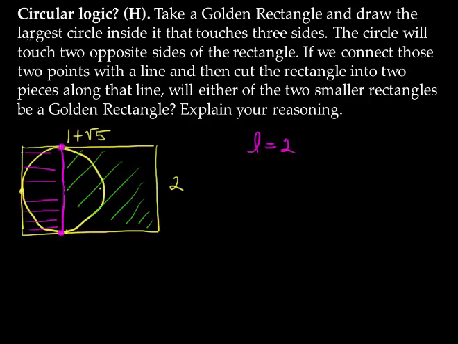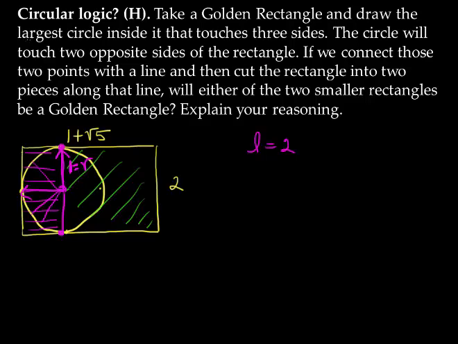Now, the important thing on a circle is its radius. So if we set this width to be 2, what is the radius of that circle? It's 1, isn't it? The radius of the circle is 1. Call it r. So this distance is 1, this distance is 1, this distance is 1.